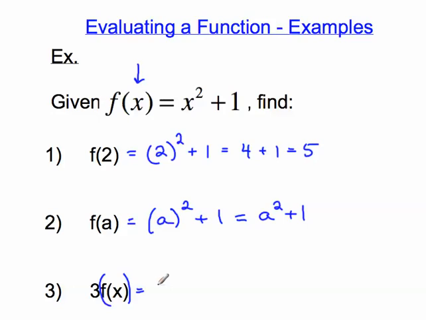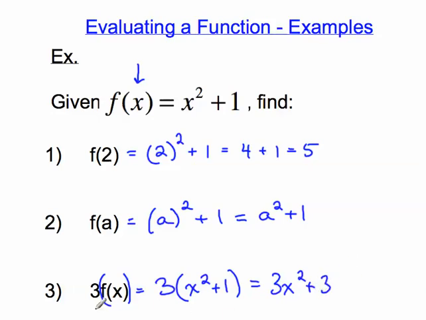So to do that, we would think back to our golden rule of algebra. Whatever we've done to one side, we do to the other. So we've multiplied the whole left side by 3, which means we have to multiply the whole right side by 3. So 3 f of x is equal to 3 times x squared plus 1, and then distributing the 3 out, we get 3x squared plus 3.